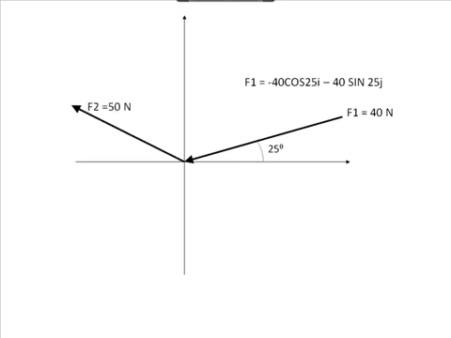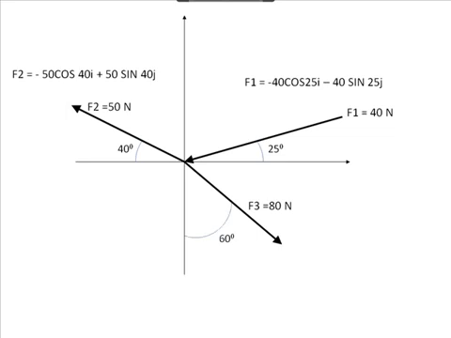Now, if your force is in the second quadrant of magnitude 50 and inclined at 40 degree, then the components will look like minus cos 40 i plus sin 40 j, and the magnitude you are multiplying. So the vector will read as minus 50 cos 40 i plus 50 sin 40 j. Let's say you have a force in fourth quadrant of magnitude 80 and angle 60 degree with y-axis.